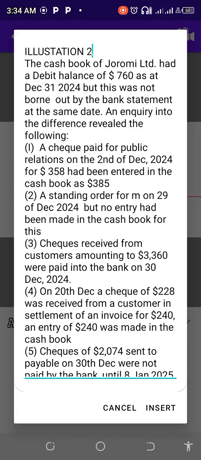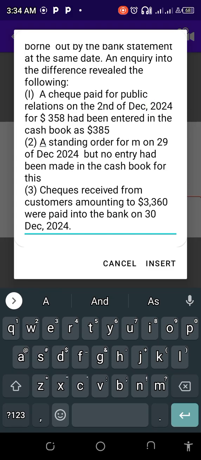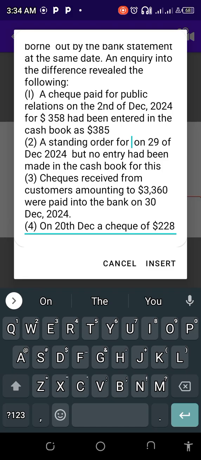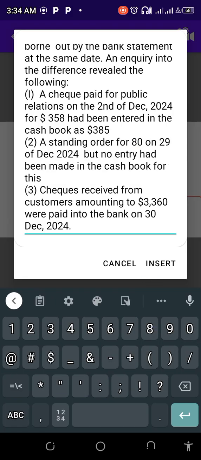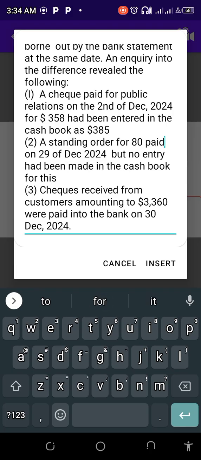A standing order for $80,000 paid on 25 November 2024, but no entry was made in the cash book for this.